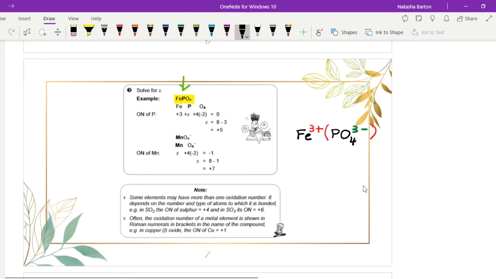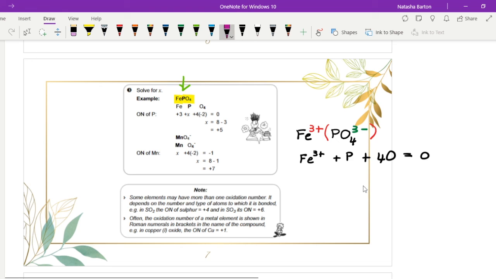So now remember, right at the top we said if we have ions on their own, they get the oxidation number equivalent to their charges. We know that if we take the oxidation number of the iron plus the oxidation number of phosphorus plus the oxidation number of 4 oxygens, we should end up with a total of 0.